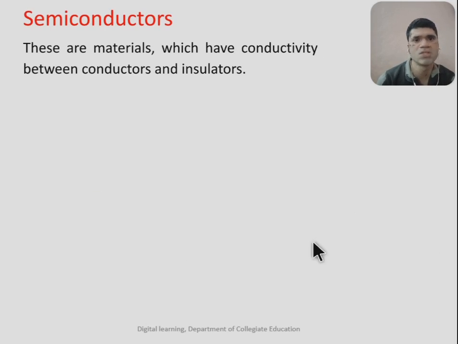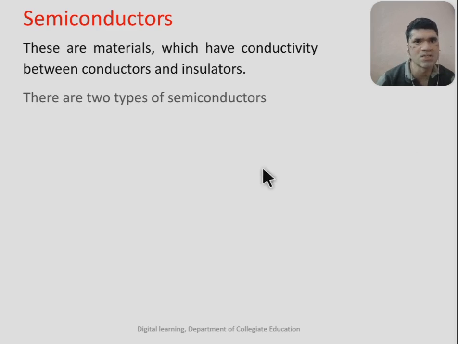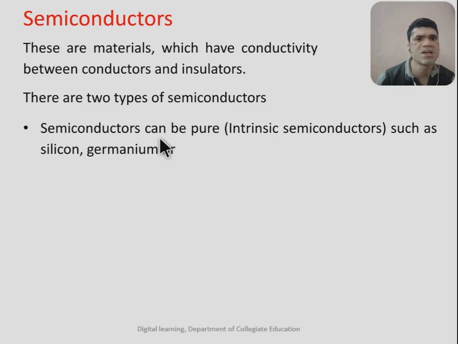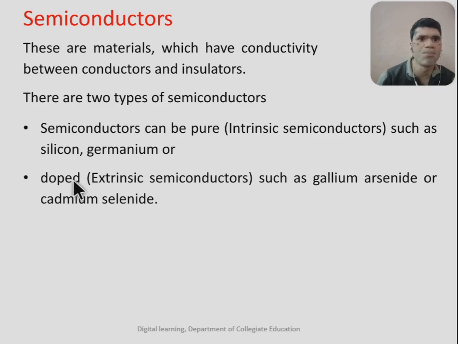So next we will move to semiconductors. These are materials which have conductivity between conductors and insulators. There are two types of semiconductors. One is pure semiconductors, called intrinsic semiconductors, and examples are silicon and germanium. The second one is doped.